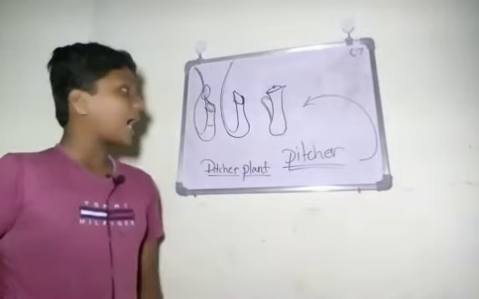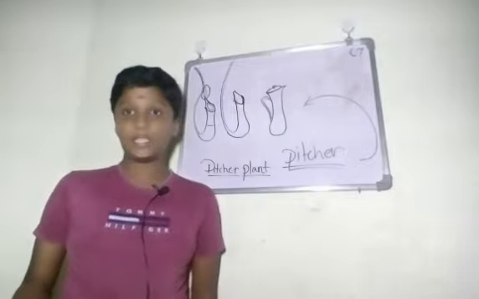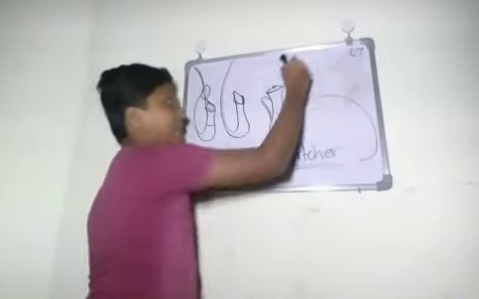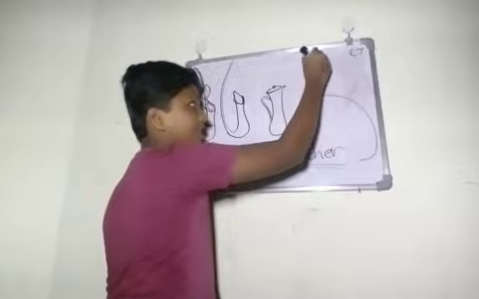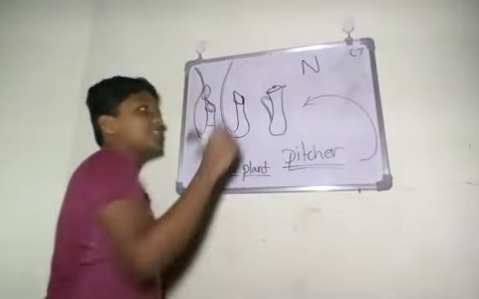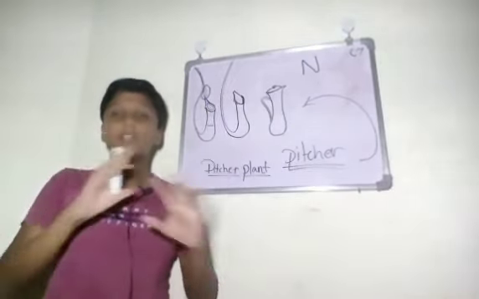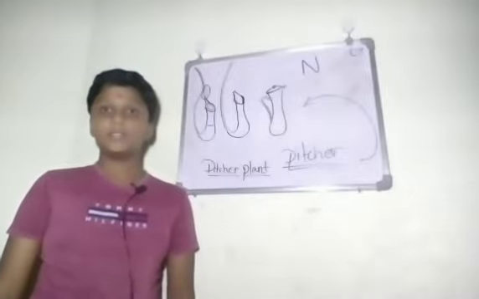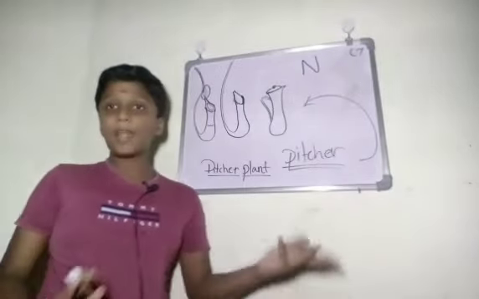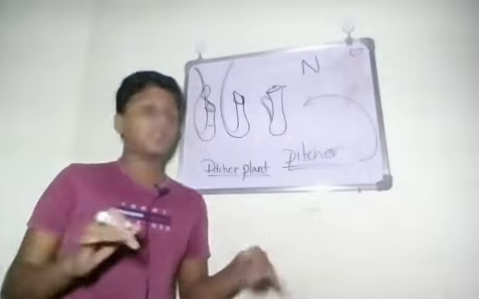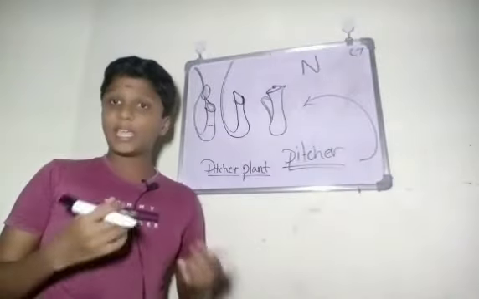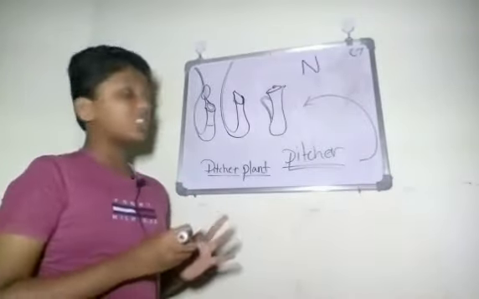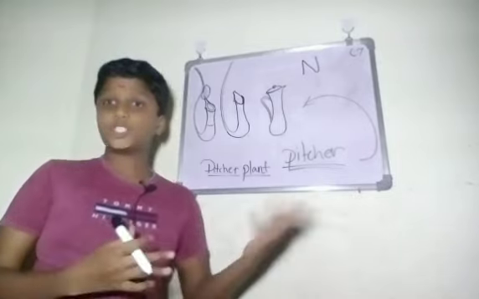Because these carnivorous plants usually live in nitrogen deficient areas. Nitrogen is a mineral that is really needed for the plant. Nitrogen is really useful, but in certain areas there is not enough nitrogen for the plant.